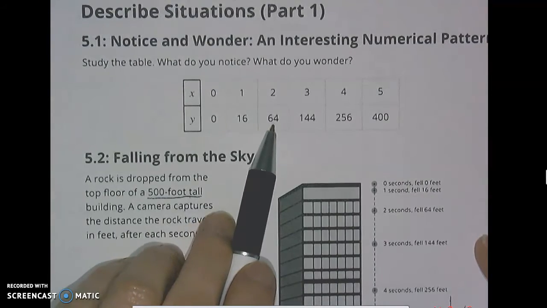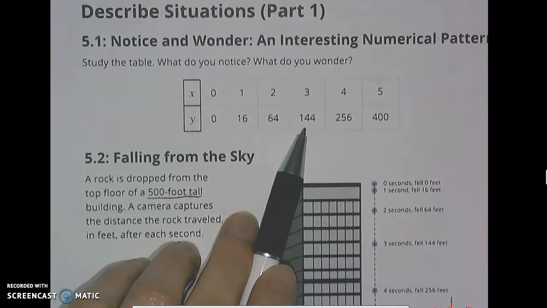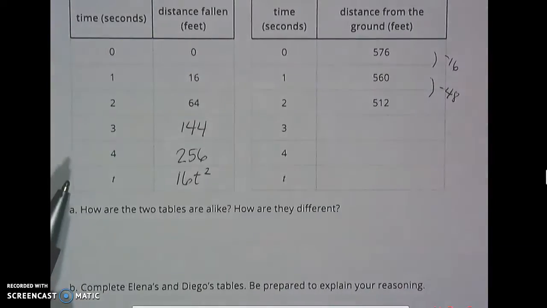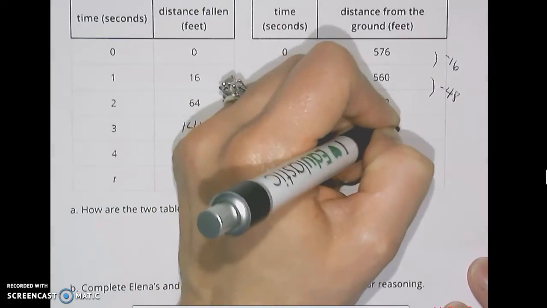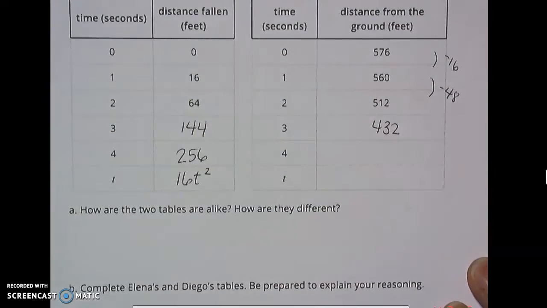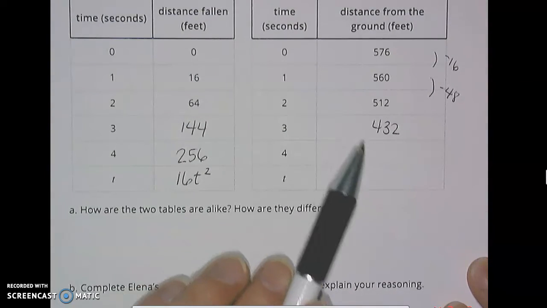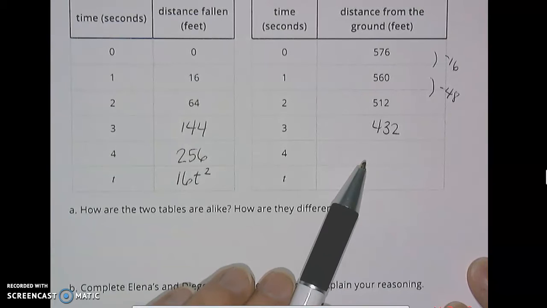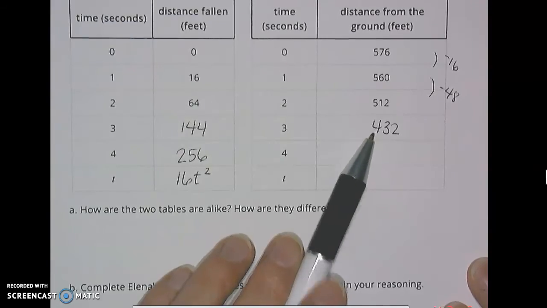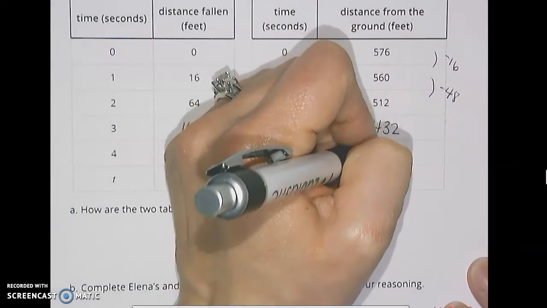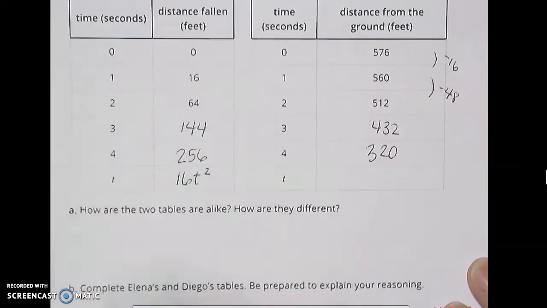From 16 to 64 is 48. From 64 to 144, it would fall another 80. So we would be at 432. From 144 to 256, we would go 112. So if we take 112 from this, we would be at 320.